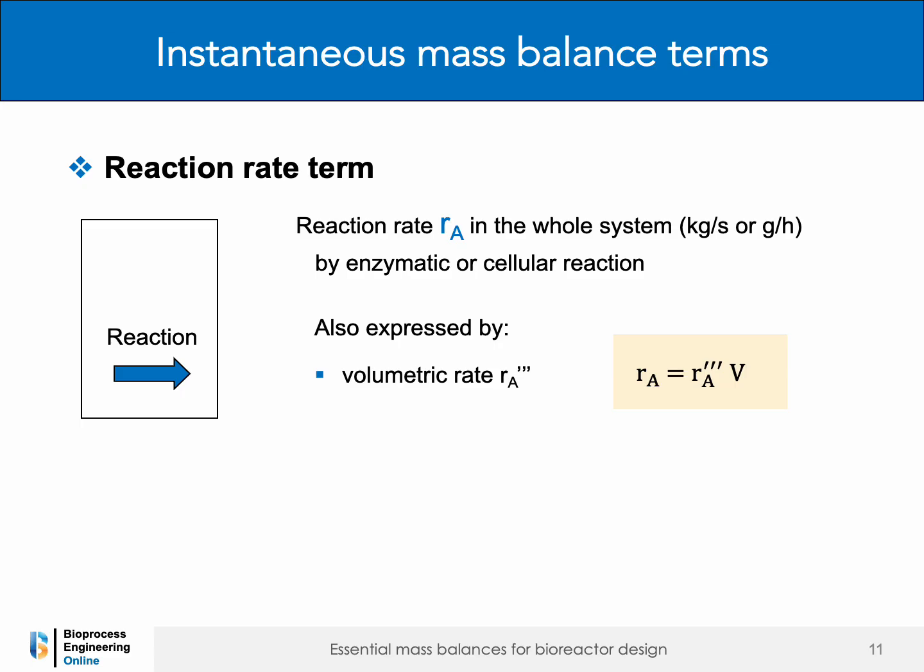RA equals RA triple prime times V, where V is the medium volume. For cellular processes, the overall rate RA is also commonly expressed as a function of the specific rate qA, defined per unit biomass. RA equals qA times X times V, where X is the biomass concentration.